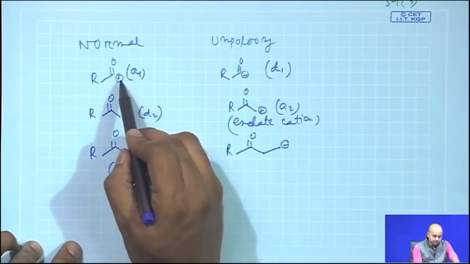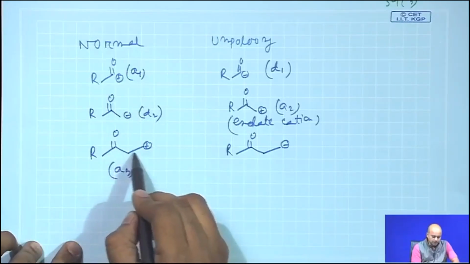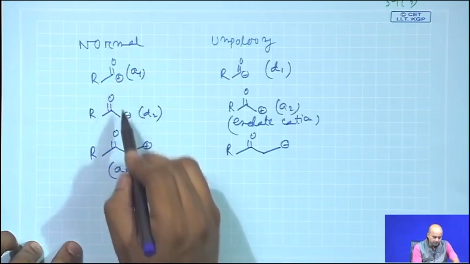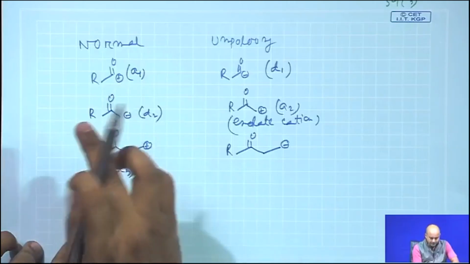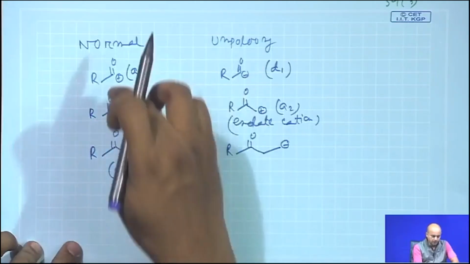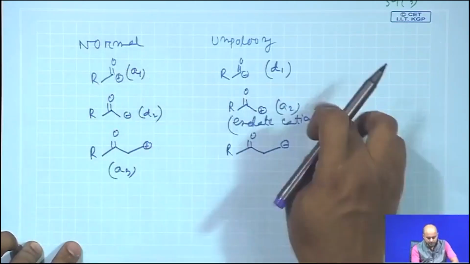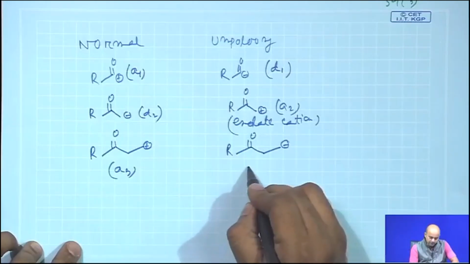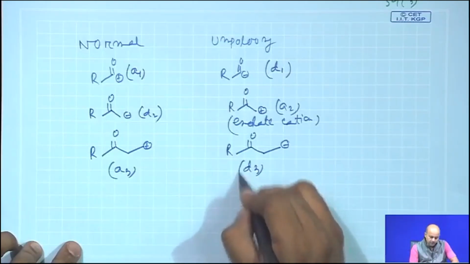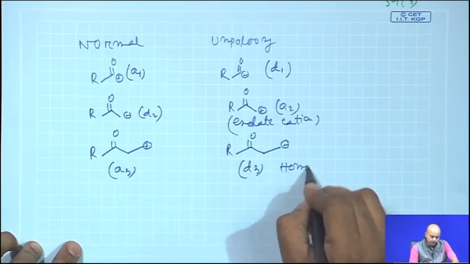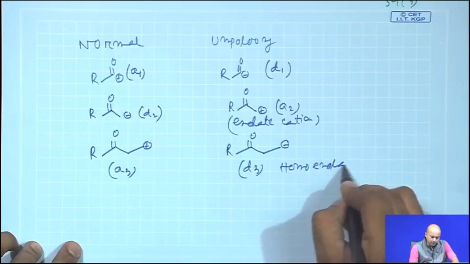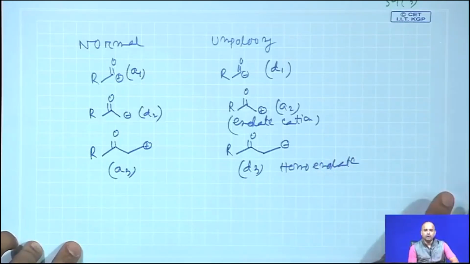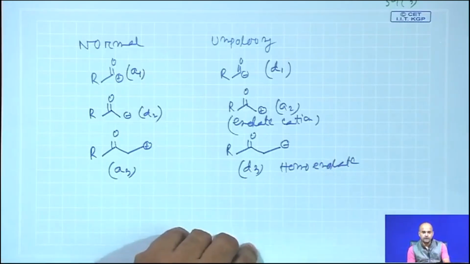Normally carbon prefers plus, minus, plus, so the charge reverses in this way: plus, then minus for the enolate, then plus, then minus. In this case it will be a D3, called a homoenolate. So this is just terminological disconnection. We are not going to talk in detail about how these species are generated because it is beyond our scope.